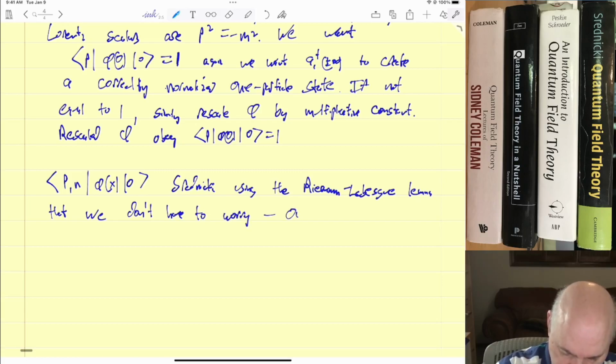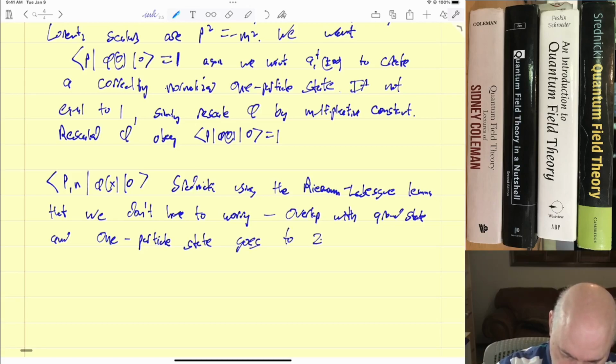Basically, the overlap with the vacuum, with the ground state and one particle state, goes to 0. Again, you can read about this in the book on page 40 for details.